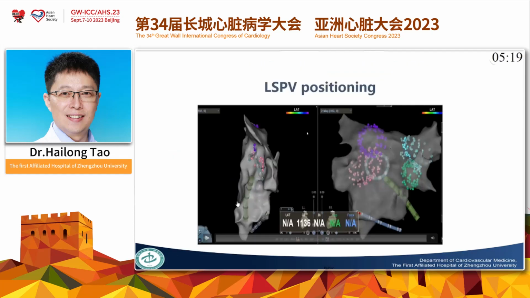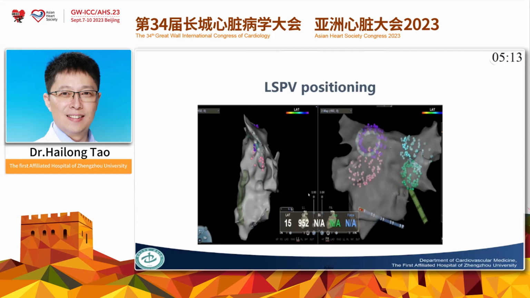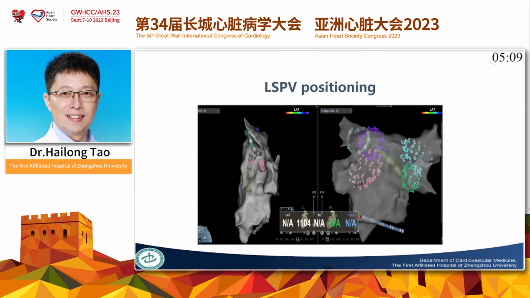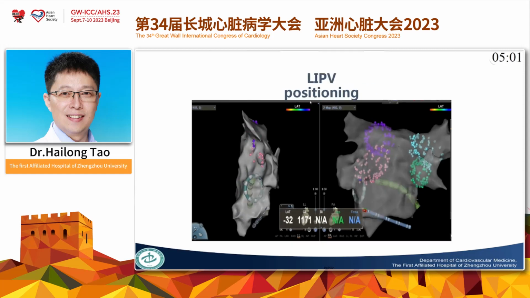And from the video we can show how we do this procedure. That's how we do the left superior pulmonary vein for the catheter position, because the catheter diameter is larger for paroxysmal atrial fibrillation.